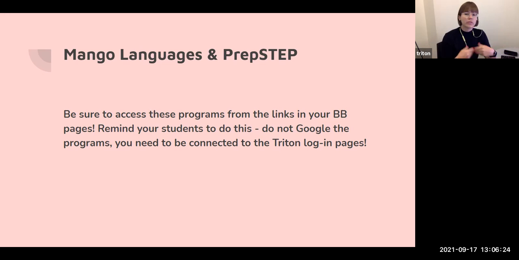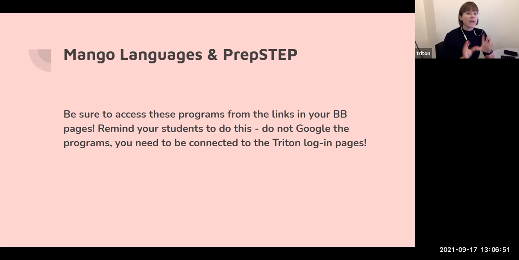After you introduce it to your class, just make sure it is available. I set it as available when I put them in there, but I noticed some people have made it unavailable. So if you did that, make sure you make it available for your students when you introduce it. The reason you need to go through Blackboard is because it takes you to a specific login that is Triton specific. That's how it's going to recognize our license that's paid for by the college.